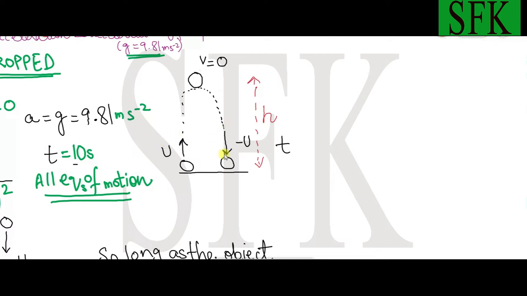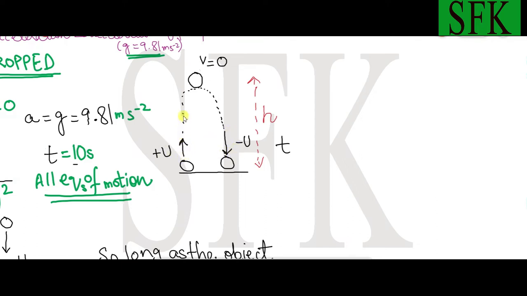When the ball is returning to the Earth's surface and it reaches the same initial height, its magnitude is still u, but the sign changes because velocity is a vector, and when the directions become opposite, the sign flips.